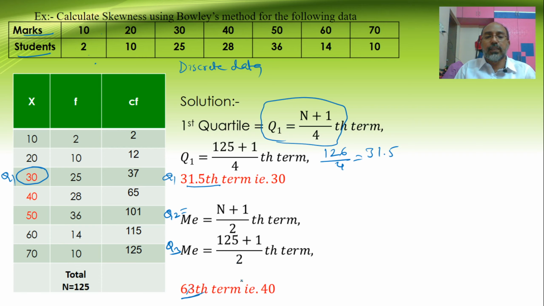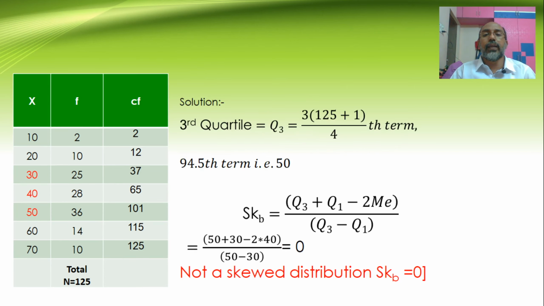This is the median. Q3 is calculated in the same way: you get the 94.5th term, and the 94.5th term is falling here.